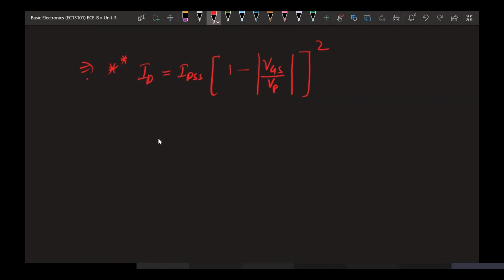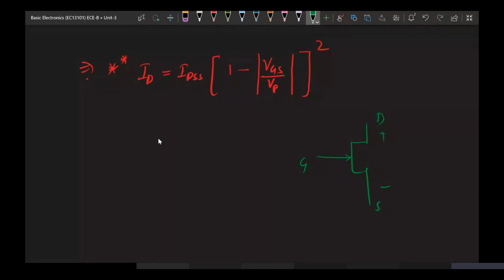Before going to the description of the different relations of voltages, we will just see how the current and voltages are related in the case of a JFET. Here this is the gate, this is the drain, and this is the source.